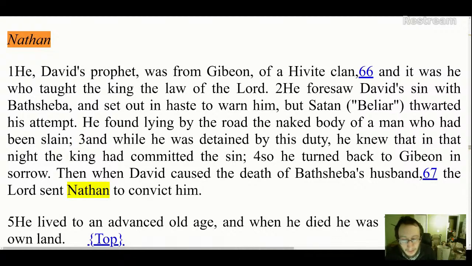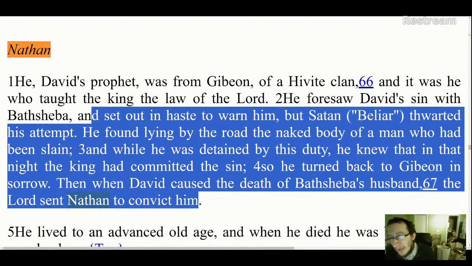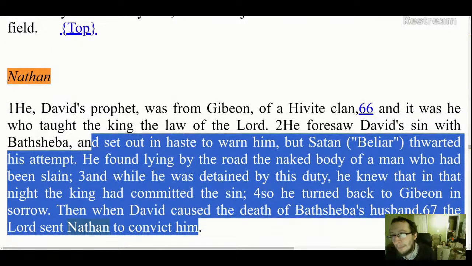Nathan was going to warn him that if he does this, he will be forsaken by God, but he did not get the opportunity. So this is a peculiar thing from the Book of Nathan that we don't have in our copies, but it would have been part of the Book of Nathan. So we will use that as a reconstruction of the Book of Nathan.